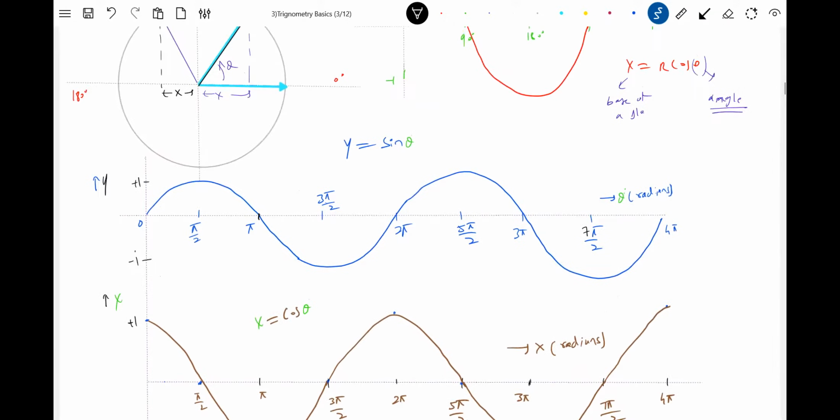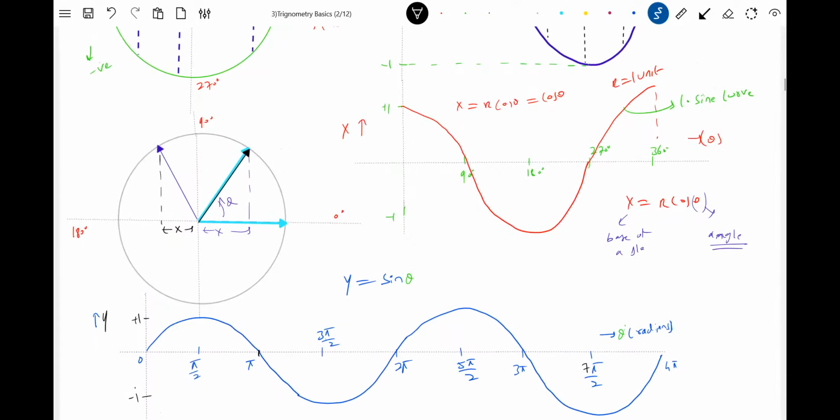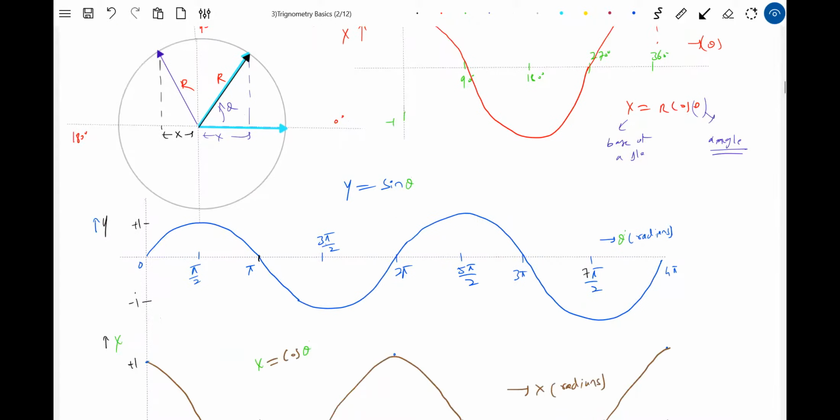Sin theta and cos theta cannot be greater than 1. I think it's quite familiar, no? Very simple. Can x be greater than r? Not possible. Are you able to understand this? The value of x, can it be greater than r? Not possible. That's the meaning of that.